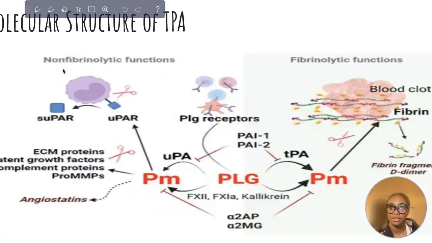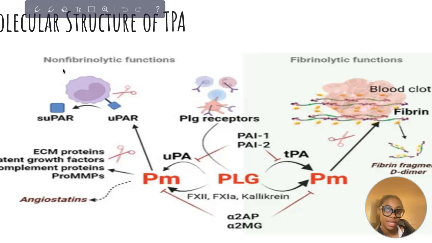The molecular structure of TPA holds the key to its remarkable role in the breakdown of blood clots during ischemic strokes. TPA is a glycoprotein with a complex three-dimensional structure. Its active site, crucial for catalyzing clot dissolution, is intricately shaped to interact specifically with plasminogen, initiating the fibrinolytic cascade.